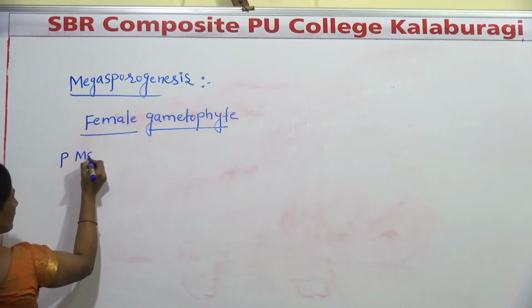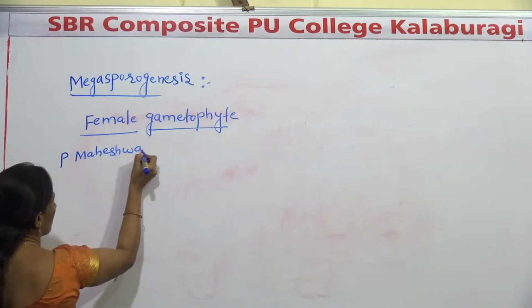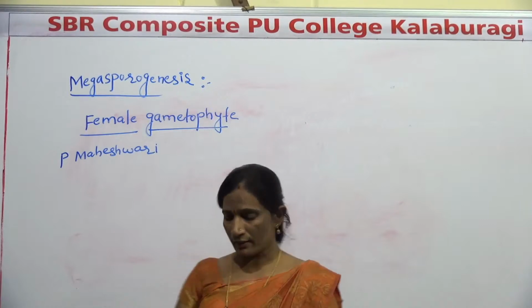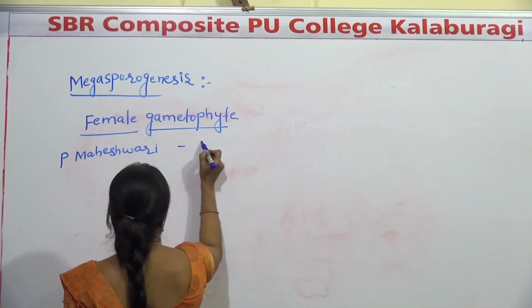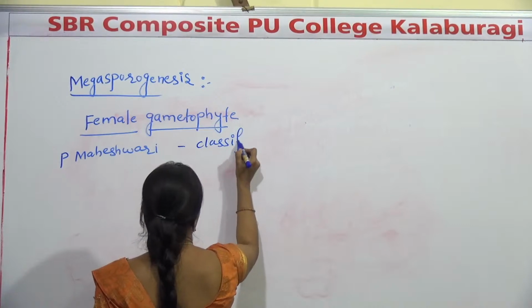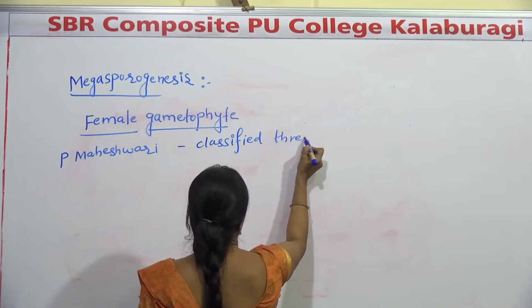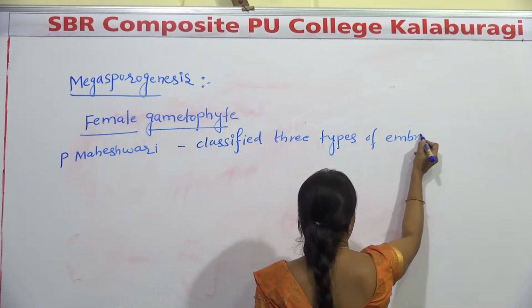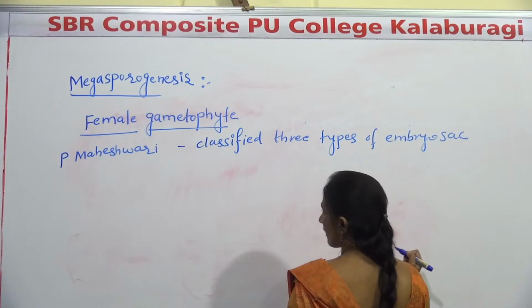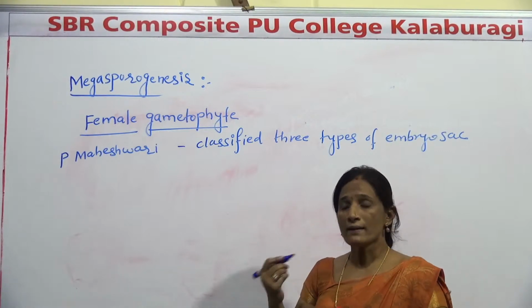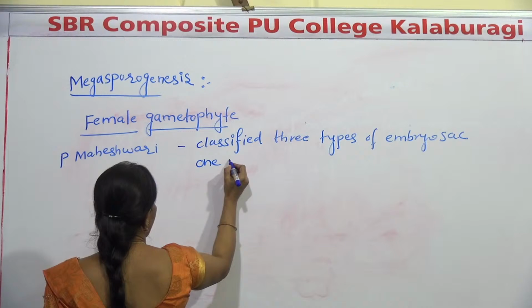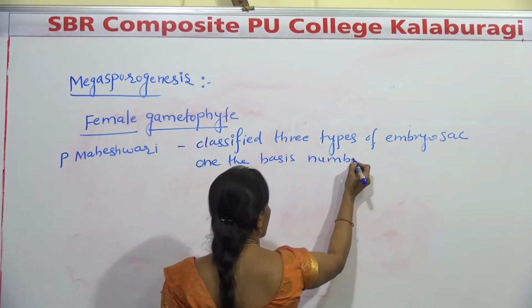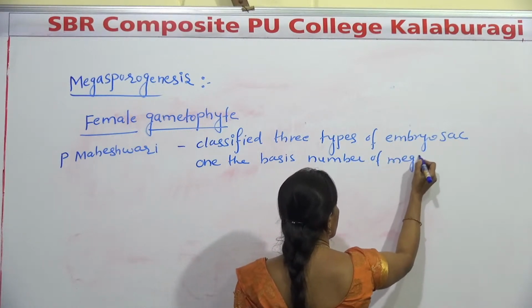Scientist P. Maheshwari classified 3 different types of embryo sac on the basis of the number of megaspores.